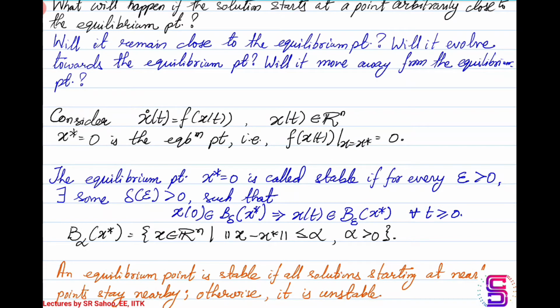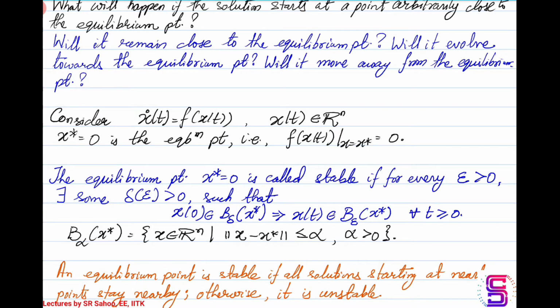We call this equilibrium point stable if for every epsilon greater than 0, there exists some delta of epsilon greater than 0 such that this particular condition is satisfied. Now, B delta of x star and B epsilon of x star are essentially the neighborhoods of x star with radius delta and epsilon respectively. So the definition is given here.